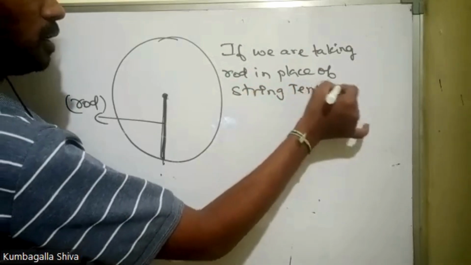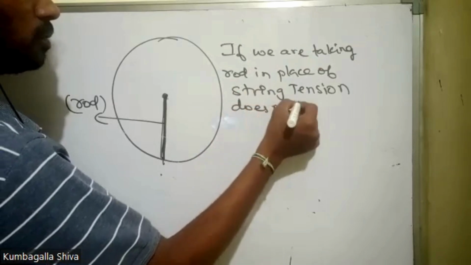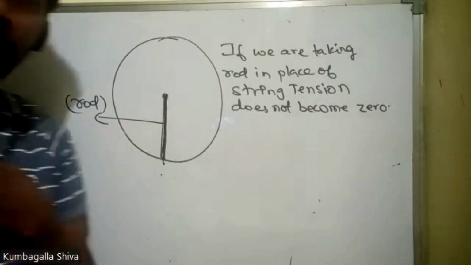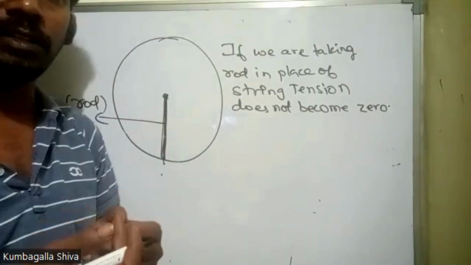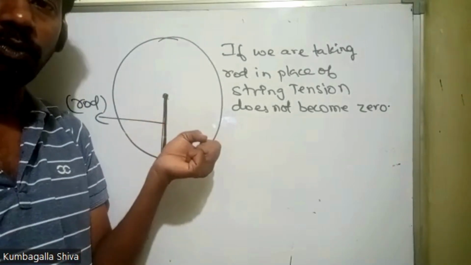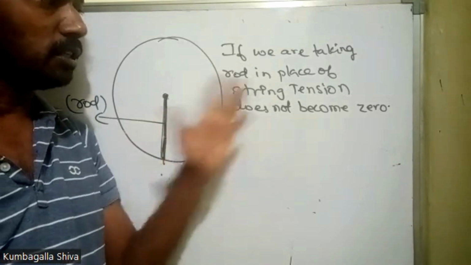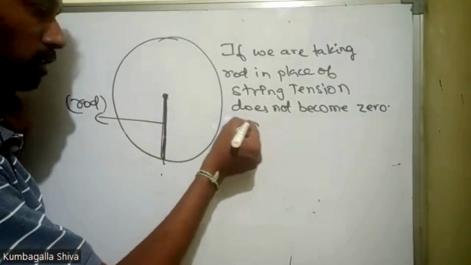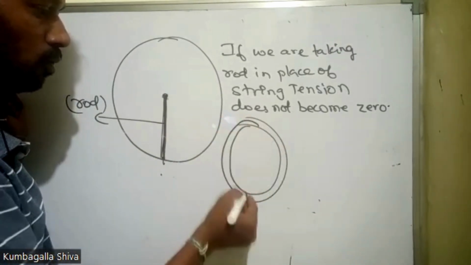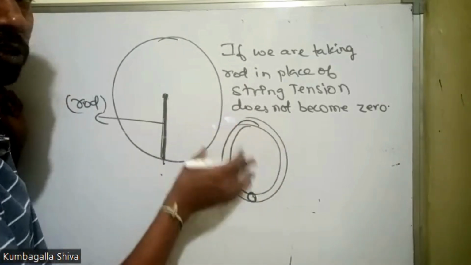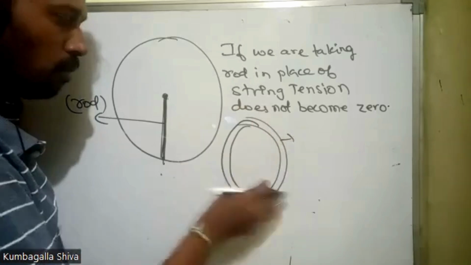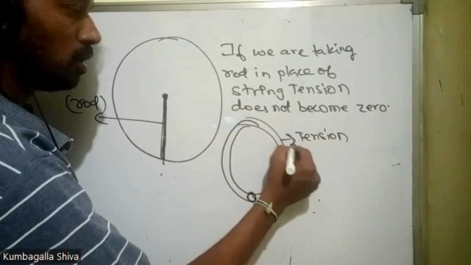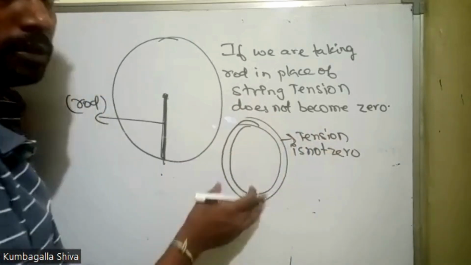tension does not become zero, there is no chance of that. Tension is not zero because it is a rod. A string has some light weight, so tension is slightly lost. But in this there will definitely be some pulling force compulsorily, that is why we cannot say the tension does not become zero. Or else you see in your daily life tubeless tires also like this, and if you throw a ball like this, here we are taking tires or grooves. In this situation tension does not become zero. If you throw a ball also tension does not become zero. So these are the two cases where tension is not zero: taking a tire, or throwing a ball.